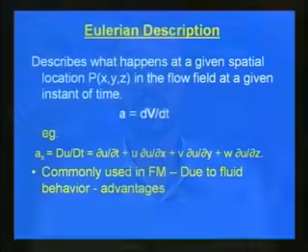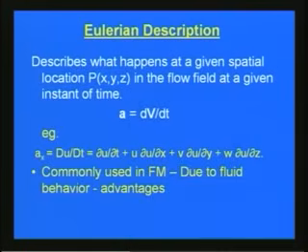The second kind of description is called the Eulerian description. Here we will be analyzing what is happening at a given spatial location in the flow field.